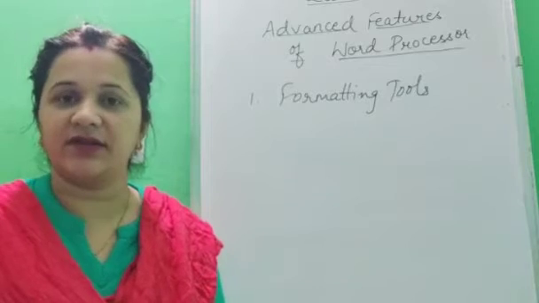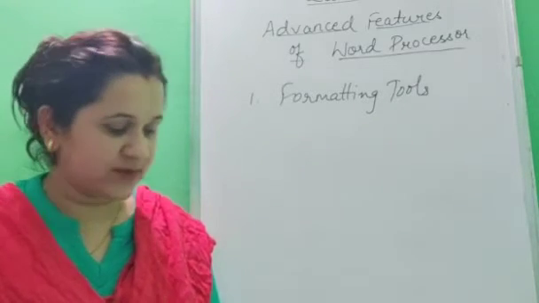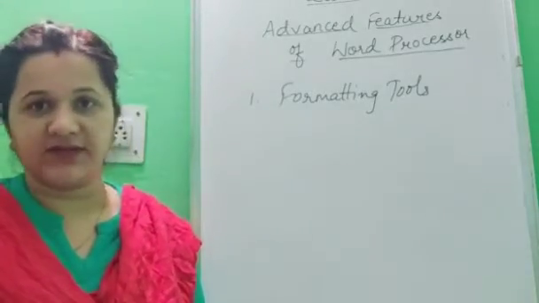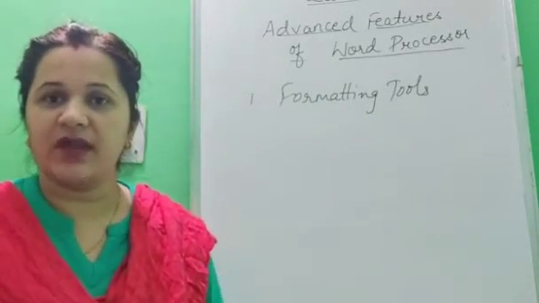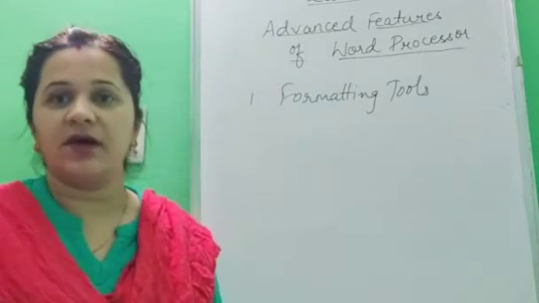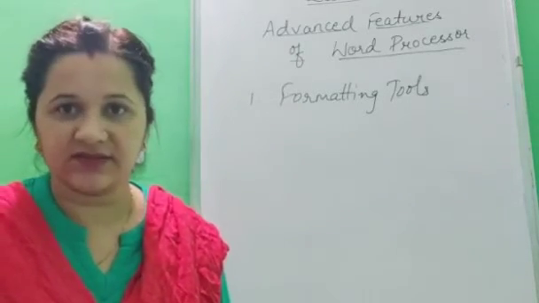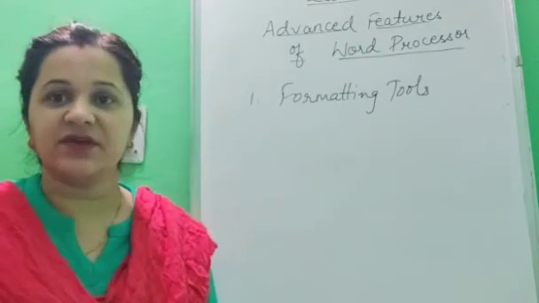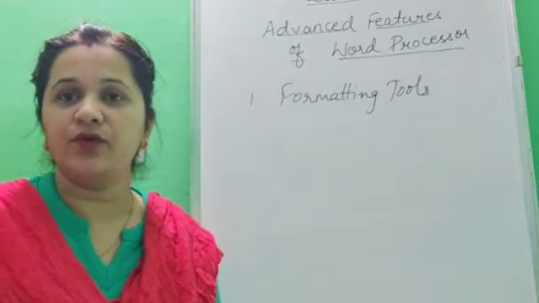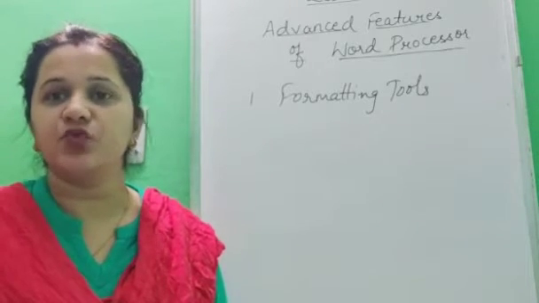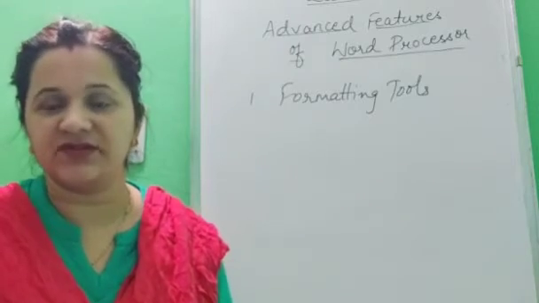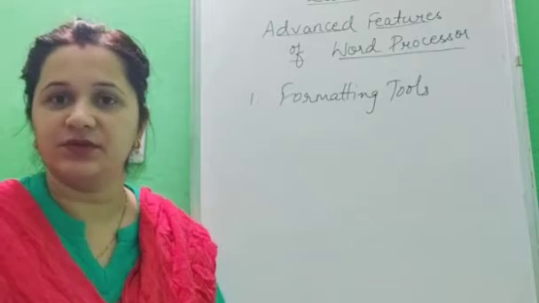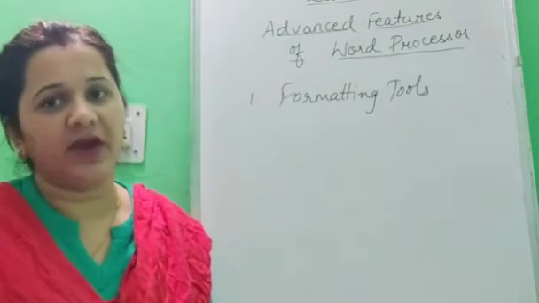I showed you in the practical how a format painter works. Next we studied the shadow effects under formatting tools, how to add shadows to words and word art texts. Next we studied subscripts and superscripts, and how you can use the subscript and superscript tools in your word processor document. We did all of these in our previous videos, and I've shown you through practicals also.